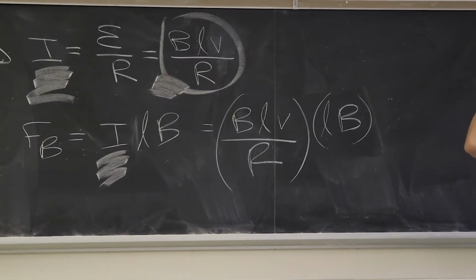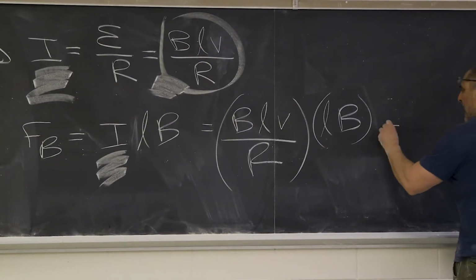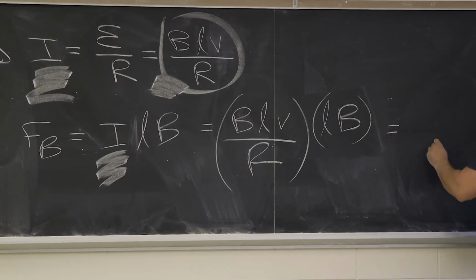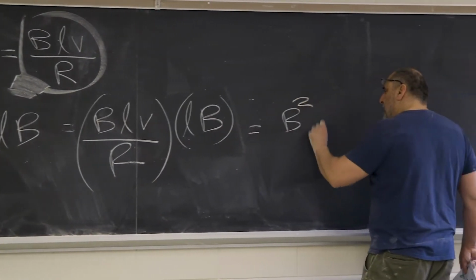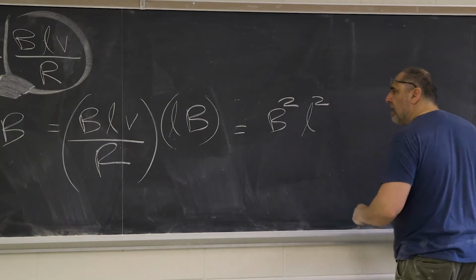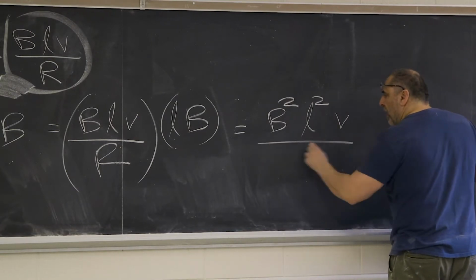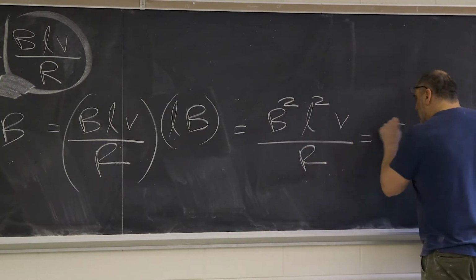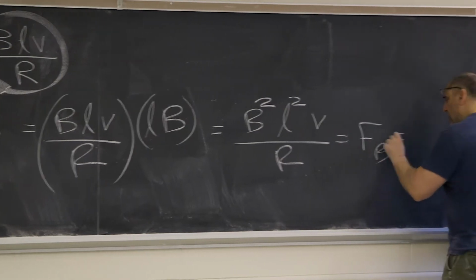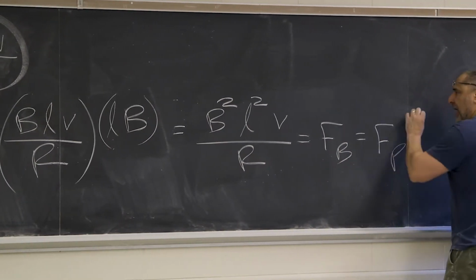Yeah, looks pretty good to me. So we actually run through this. We're going to get B squared L squared v over R is going to be equal to that force, which is going to be equal to this. How much you got to pull it?